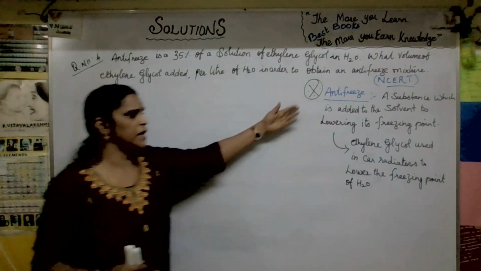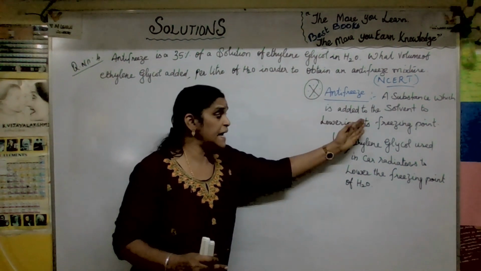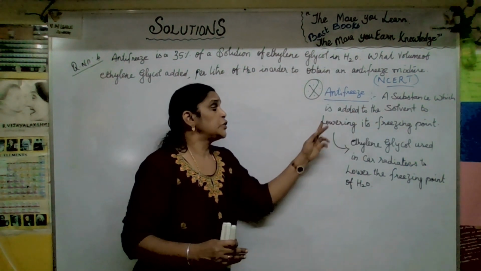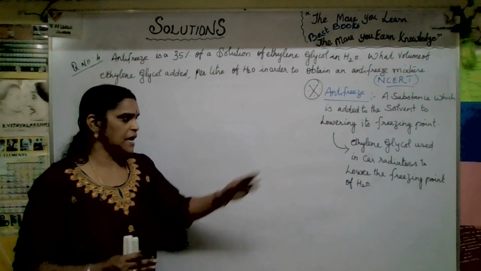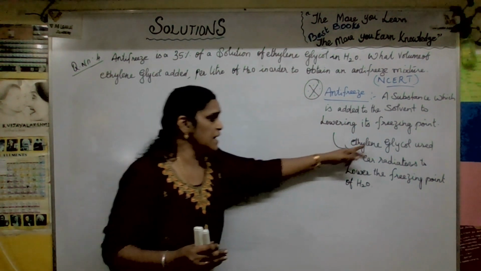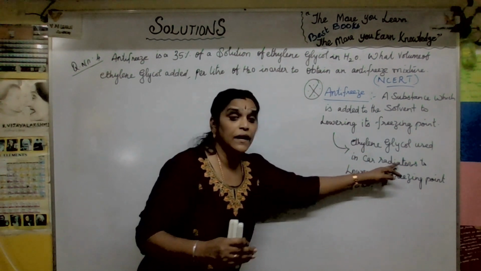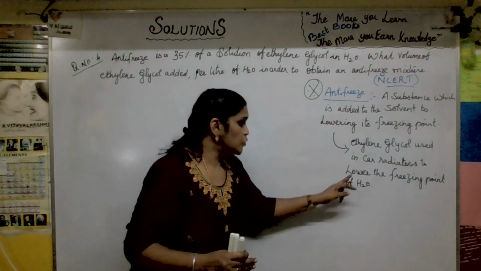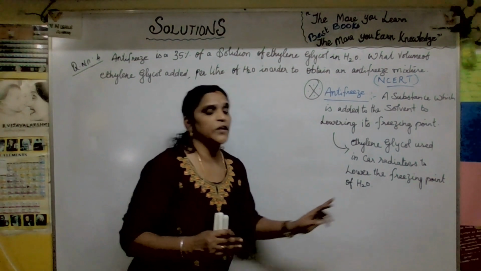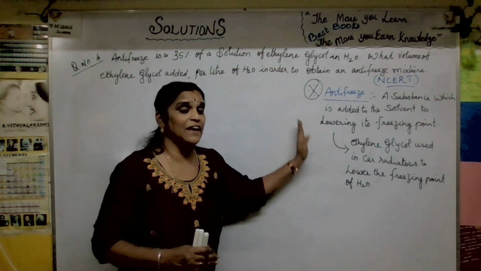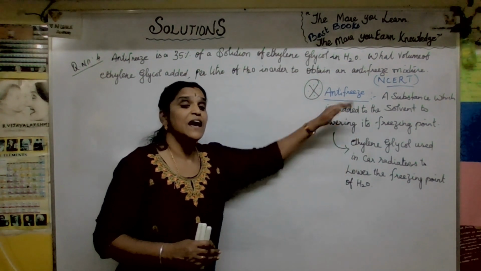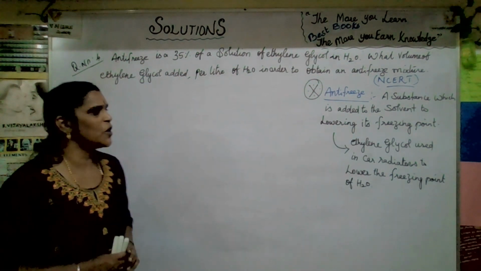It is a substance which is added to the solvent to lower its freezing point. Example, ethylene glycol is used in car radiators to lower the freezing point of water. I hope now you got an idea for what purpose and where we are using ethylene glycol.